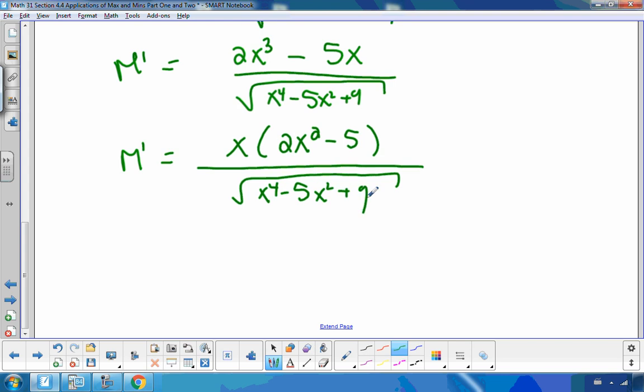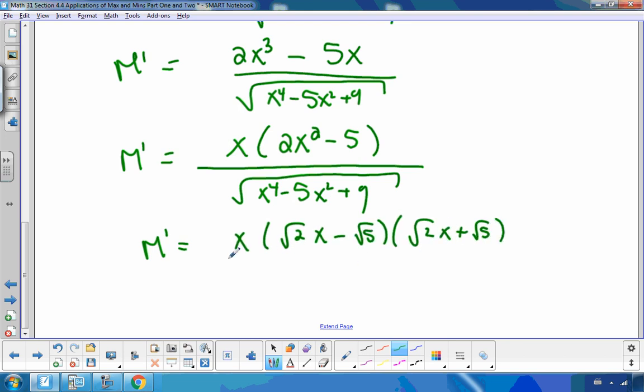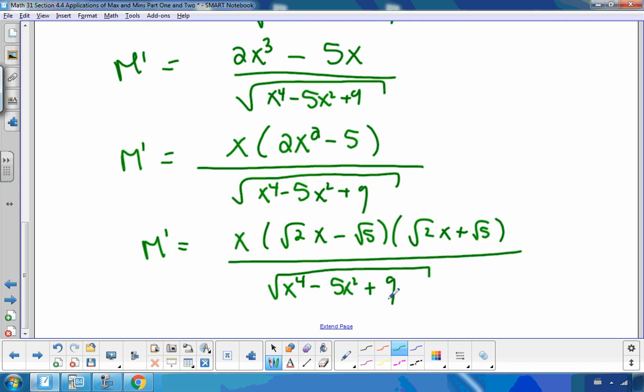Okay, so in the numerator, I can go a little bit further by just taking the difference of squares and factoring that further. So root 2x minus root 5 times root 2x plus root 5 all over x exponent 4 minus 5x squared plus 9.